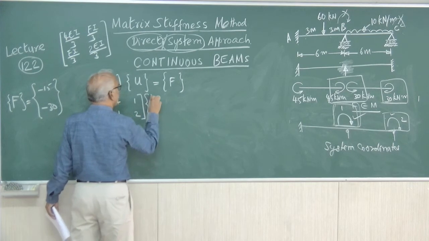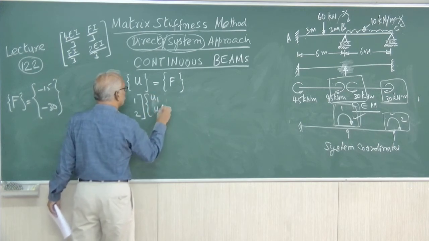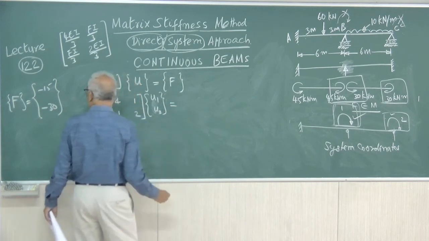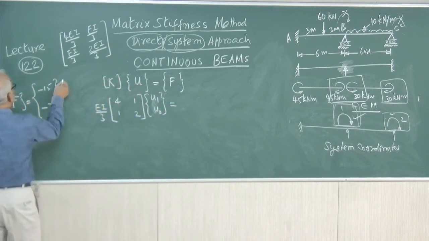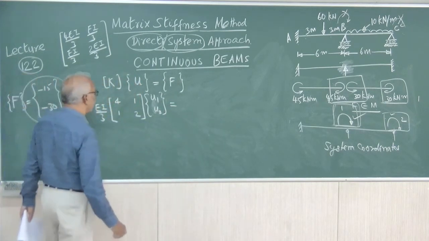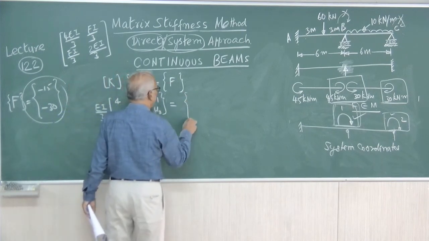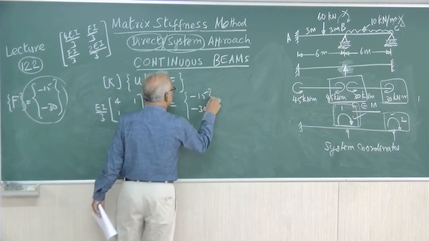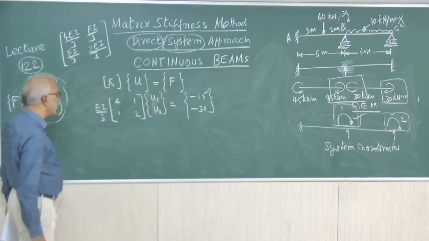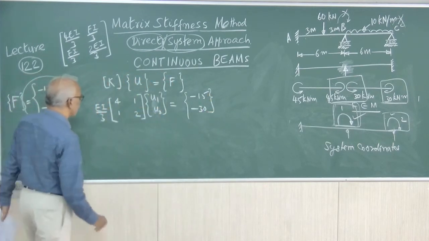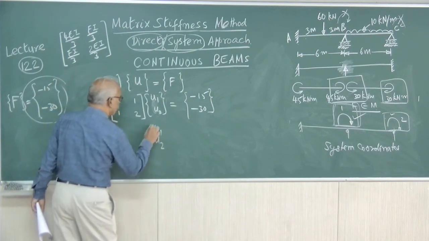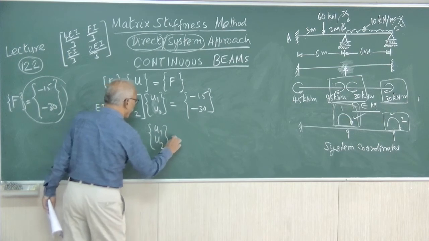U1, U2, the displacements, that is theta B and theta C, equal to this. Already we have the simplified value, minus 15 and minus 30. So, this is the most important equation, the equilibrium equation. Therefore, U1, U2 equal to this.